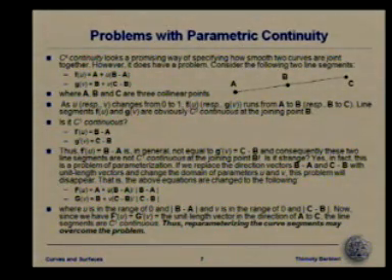Is it C1 continuous by our definition? We have to take the first derivative of each one of the two parametric equations. And it turns out that this is the equation for the first derivative, and this is the equation for the first derivative of the other equation for g. And you can see that in general, actually, they're not equal, because one is b minus a, the other one is c minus b.